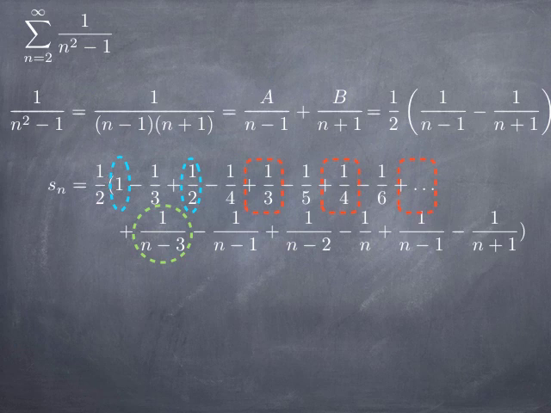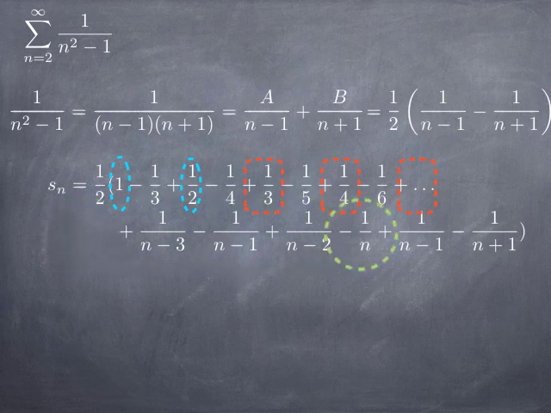So this is going to cancel out. Then we have this negative 1 over n minus 1 that cancels out with 1 over n minus 1 that comes a few terms down. 1 over n minus 2 on the other end also cancels out with some terms that come before, right? Just like 1 over n minus 3, some term that comes here.